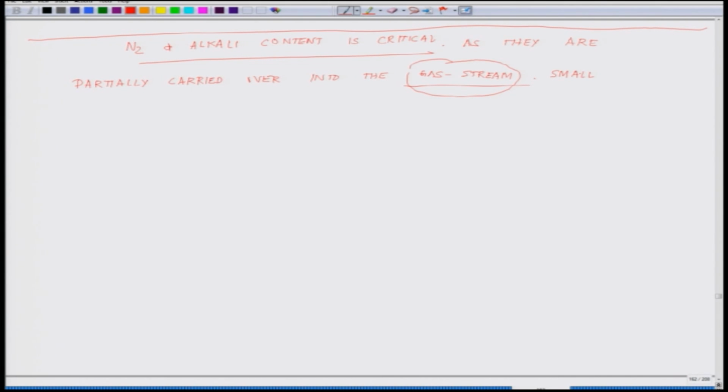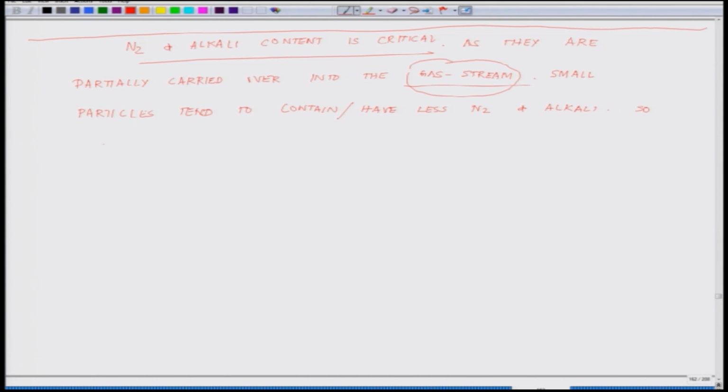Small particles tend to contain or have less nitrogen and alkali.